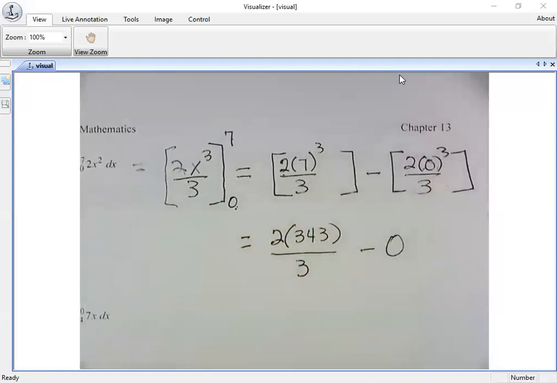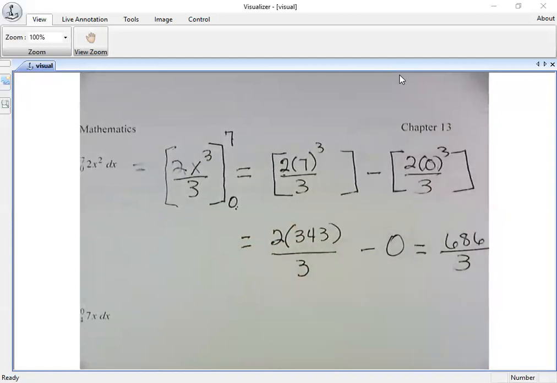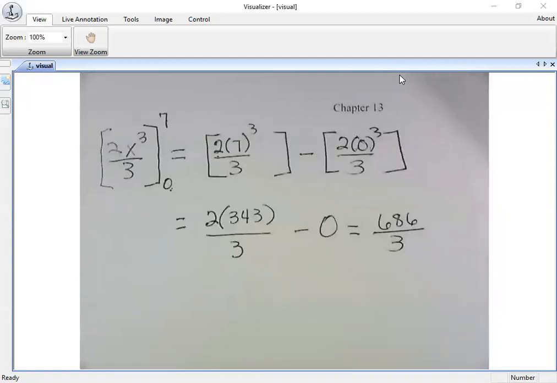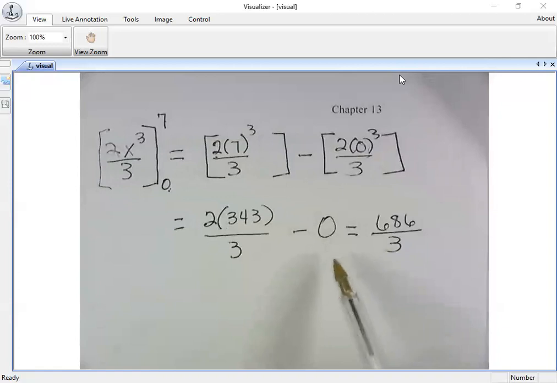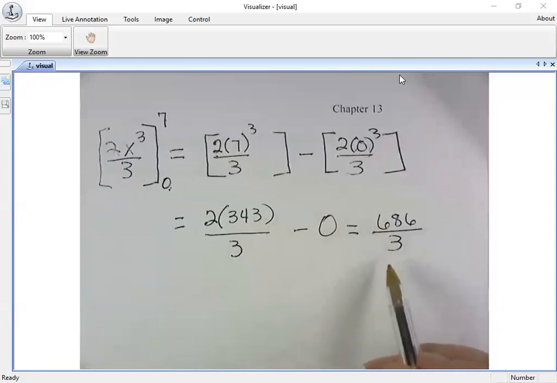So if I multiply 2 times 343, I'm going to get 686 divided by 3. That's my exact area under the curve. Now, I could turn it into a decimal, but because it's divided by 3, it would be a repeating decimal. 3 does not go into 686 evenly, so I would leave it in fraction form so it stays exact, and you're not giving me a rounded decimal value.